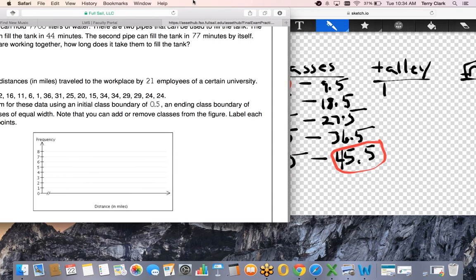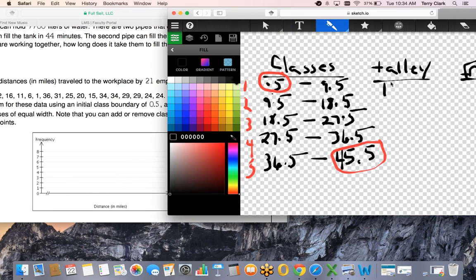The number 2 is going to go into the first class as well because it's in between 0.5 and 9.5. The number 16 will fall in the second class because it's right underneath 18. The number 11 will fall in the second class as well. The number 6 will fall in the first class. The number 1 will fall in the first class.